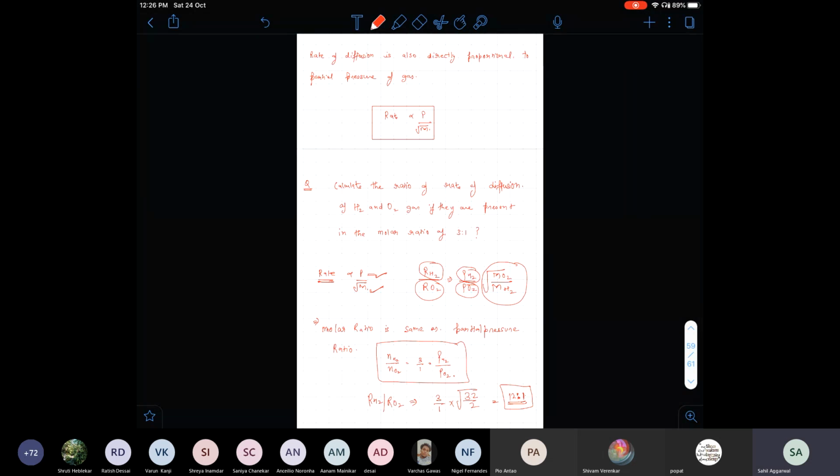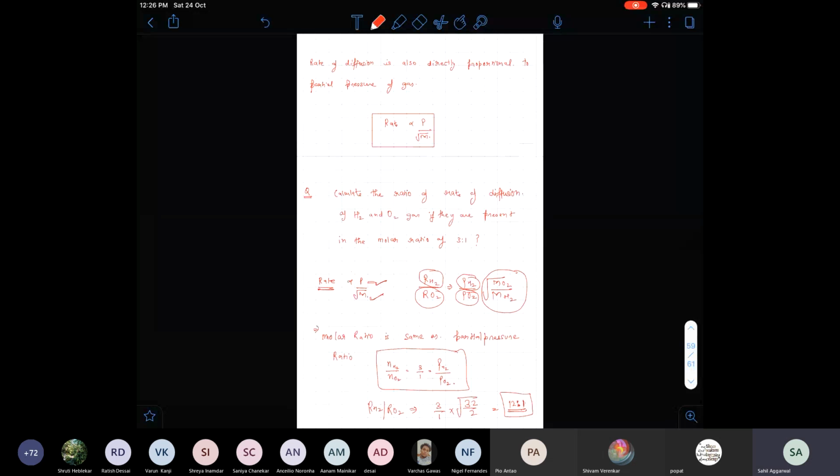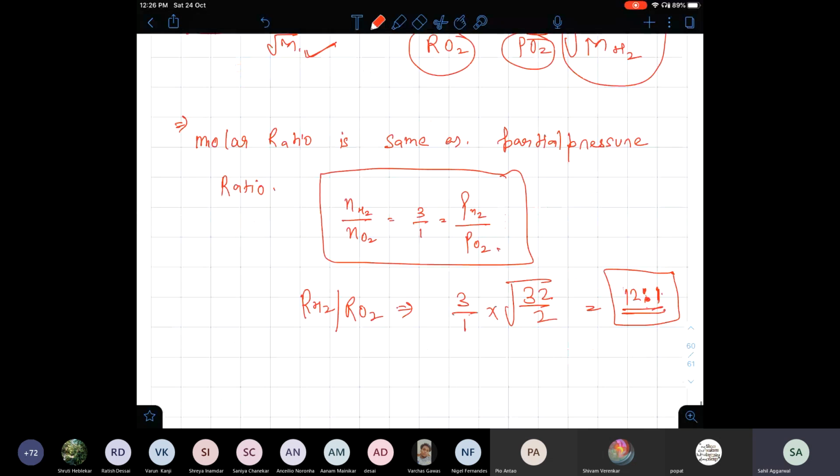Done, Sanika? Yes, sir. Why is the molar ratio same as partial pressure ratio? This I told you in the starting only. Partial pressure will be equal to mole fraction into total pressure.